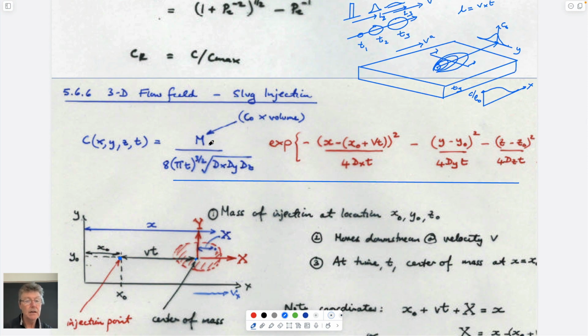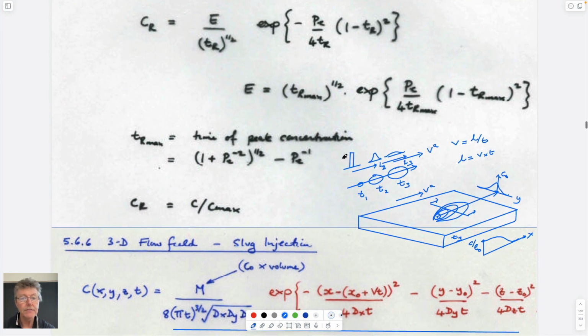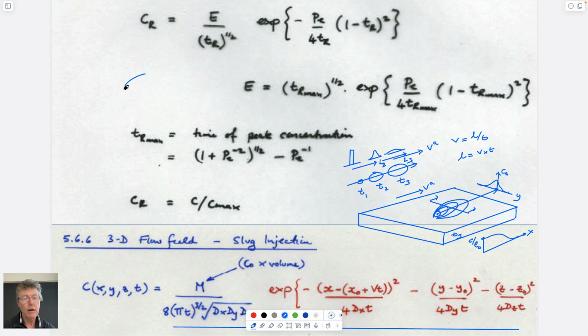You have a mass of solvent or mass of material that is put in place. This is the product of concentration times the volume of water. This is time. These are the dispersion coefficients. So I guess if you have something going down gradient, it would have a longitudinal dispersion coefficient, which we'll call dx.